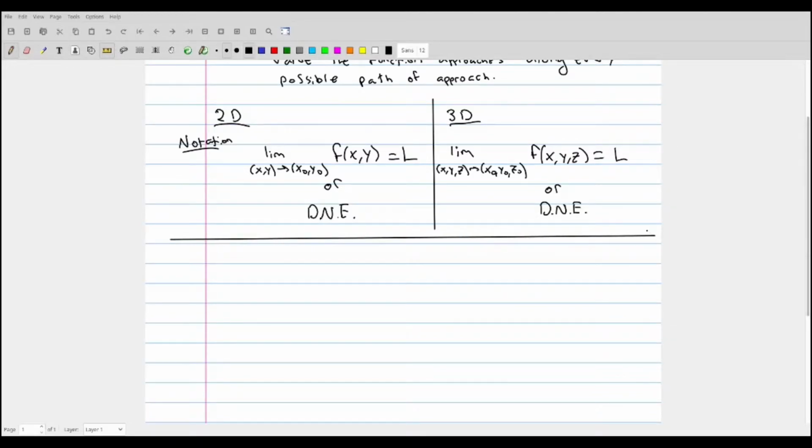You can extend this concept in the definition that we're about to talk about to a function of any number of variables, but in this lecture, we'll just focus on functions of two and three variables.